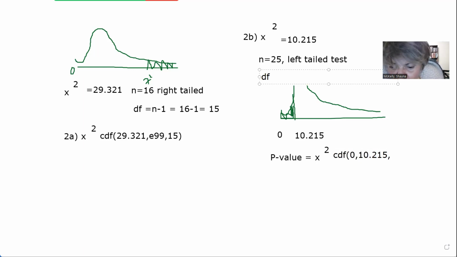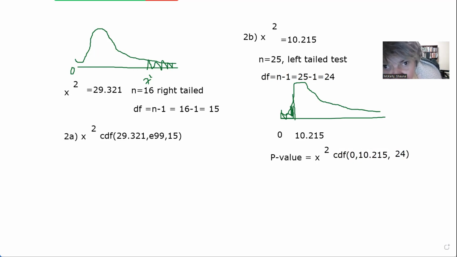So DF is equal to n minus 1, which is 25 minus 1, or 24. So we're going to put 24 in here. And that's going to give us something else.